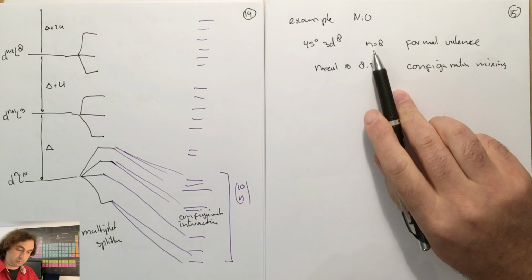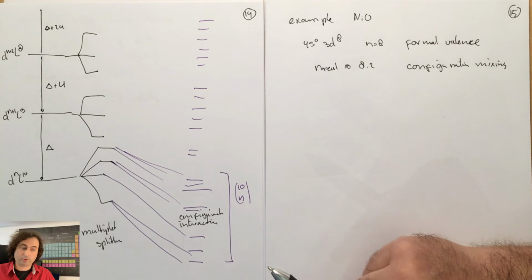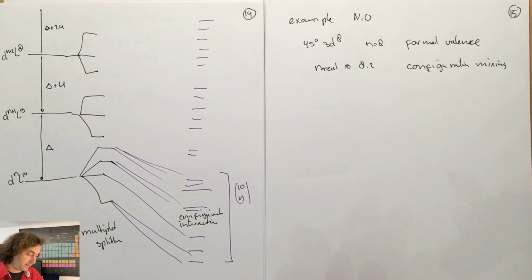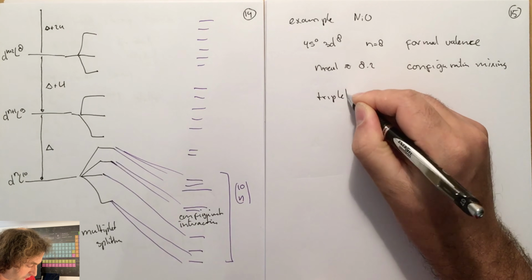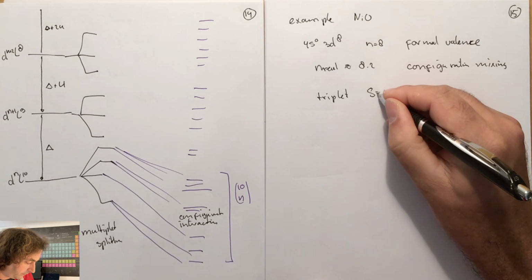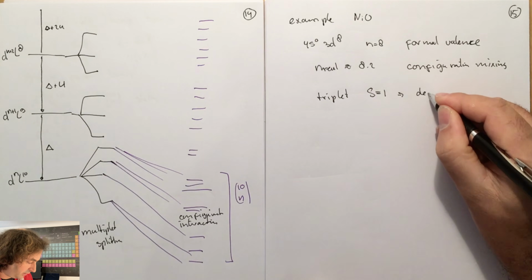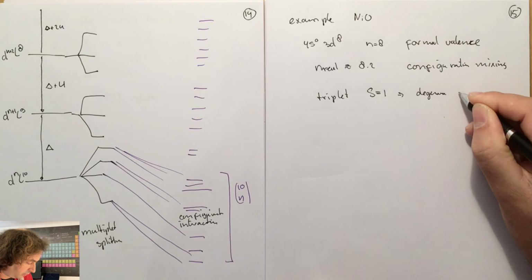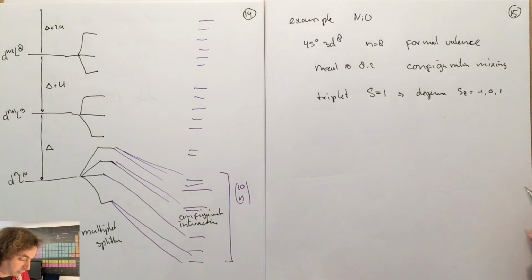Now, because our formal valence is 8, you start with a triplet F that is split by the crystal field to the lowest ground state triplet A, but in all cases you are in a triplet state. So our spin is 1. That means we have a degeneracy of the state with S_z equal to -1, 0 or 1.